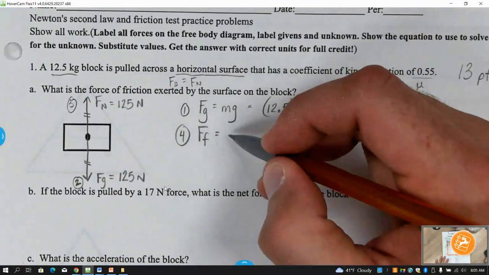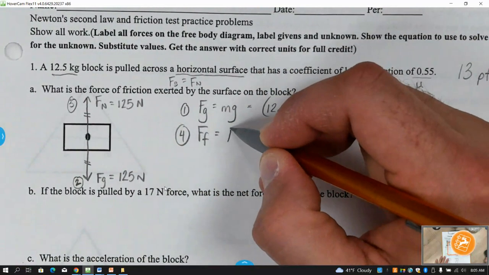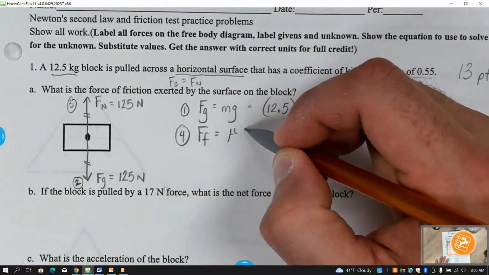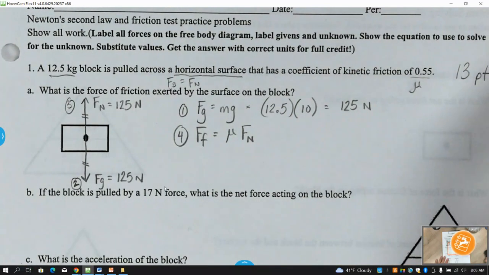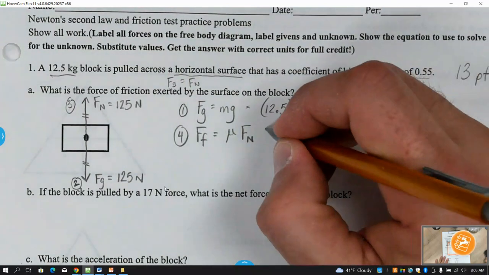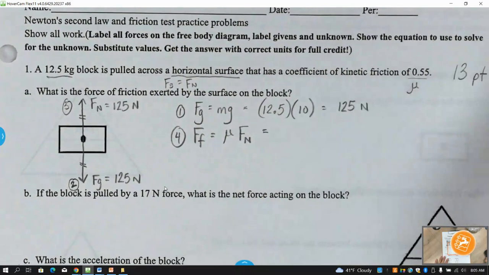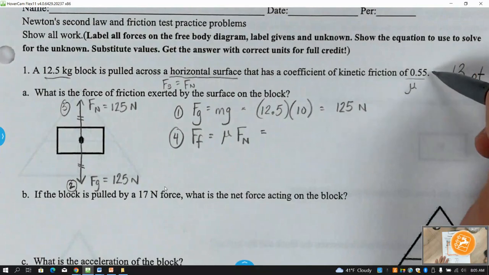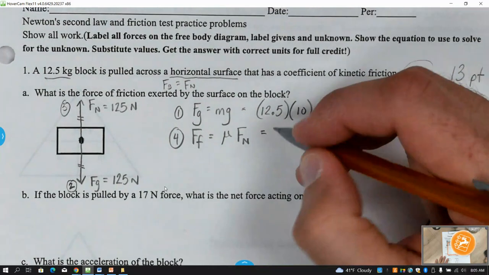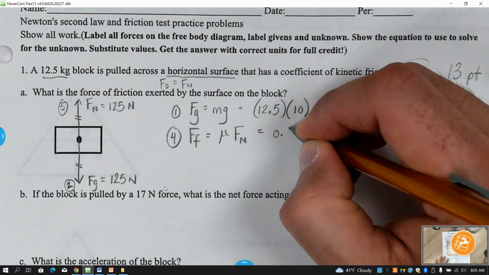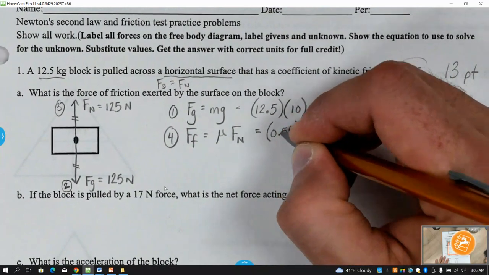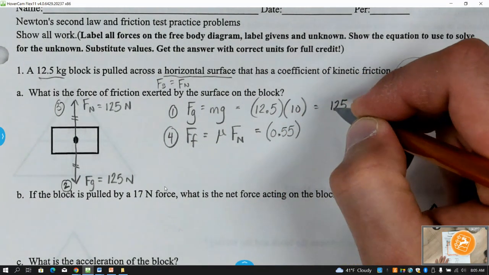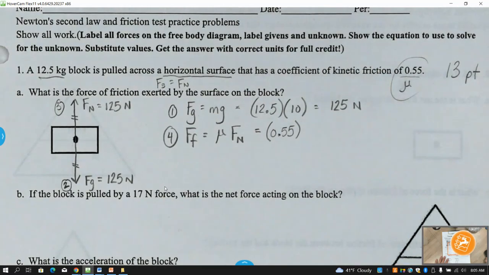Friction force is equal to mu times normal force. Okay, mu was this number here, this 0.55, times, what is Fn? 125.